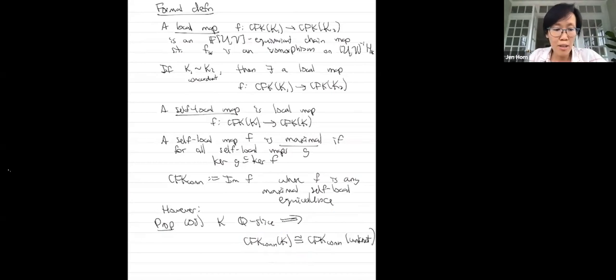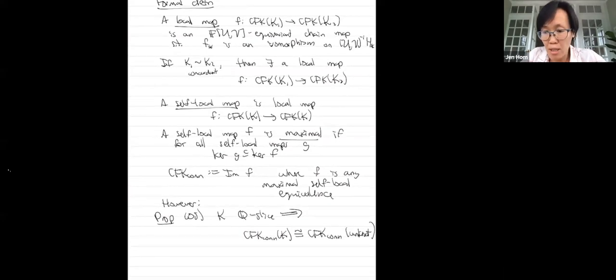Great. So what is this saying? This is saying that if you want to study rationally slice knots, well, this formulation of the connected knot Floer complex isn't going to help you. This might sound like bad news, but really what it's saying is, well, we just need some additional structure. So really the upshot is that we need additional structure.